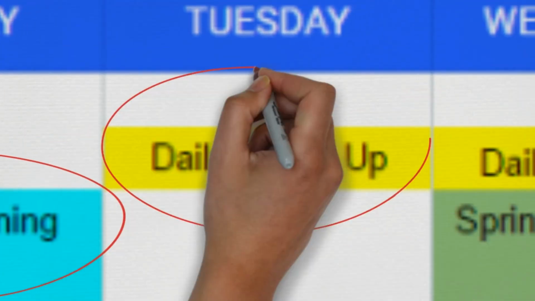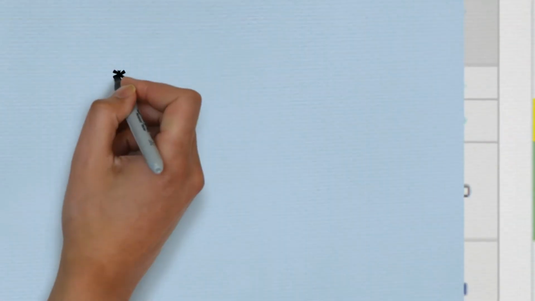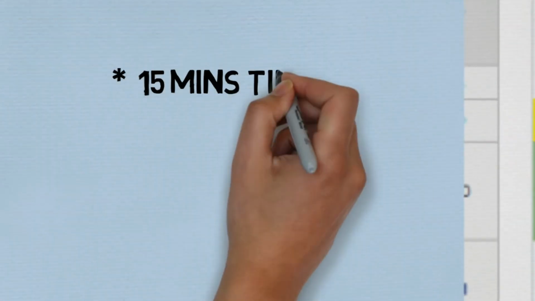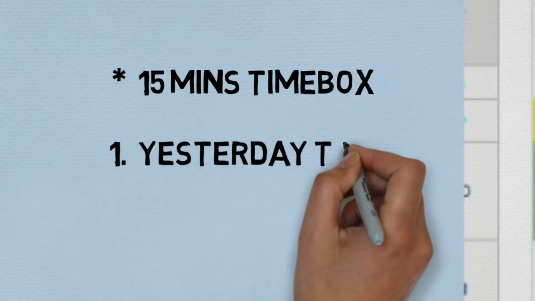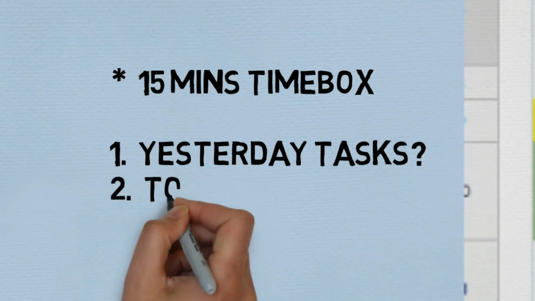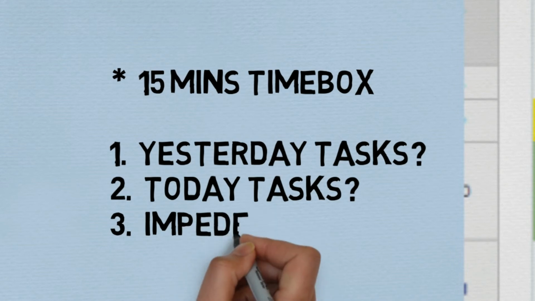Next one is daily stand-up meeting. It is facilitated by the Scrum Master and it is time boxed to only 15 minutes. Team focuses only on three things: what we did yesterday, what are we doing today, and what are the impediments.